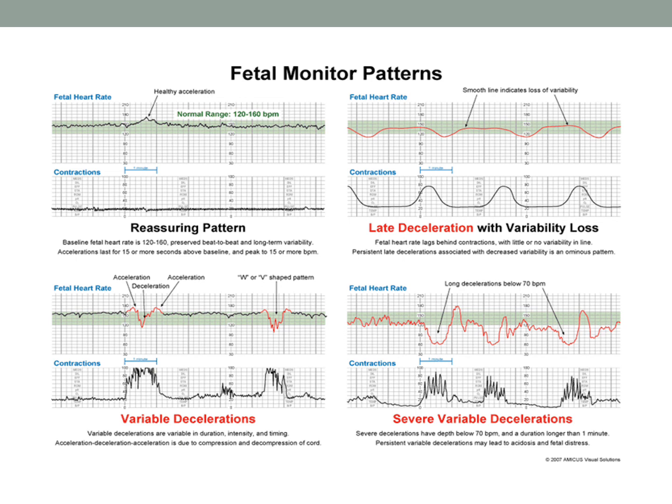Okay, some variables look like a W or a V. All right. And then these are severe variable decelerations. They go really deep. As you can see, they go to as low as below 60, maybe 50 beats per minute.